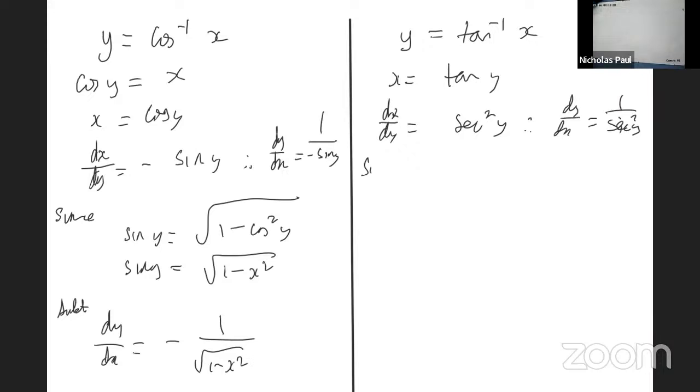And of course, we know that sec squared is equal to 1 plus tan squared. So when we make our substitution, we'll get dy/dx is equal to 1 over 1 plus tan squared. Tan is x. So it's 1 plus x squared.